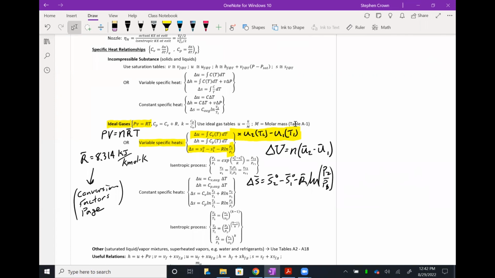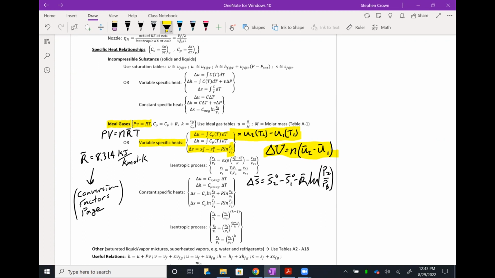The equation I'm going to highlight is the one we'll use in this homework problem: the change in internal energy equals n times U bar at state 2 minus U bar at state 1, and those values we can find in the ideal gas tables.